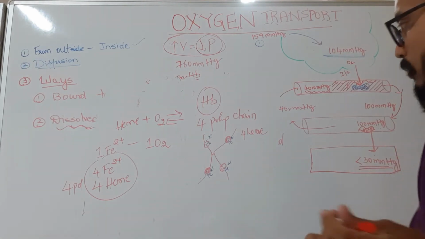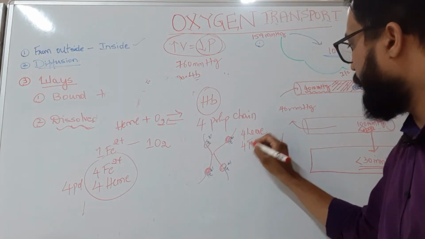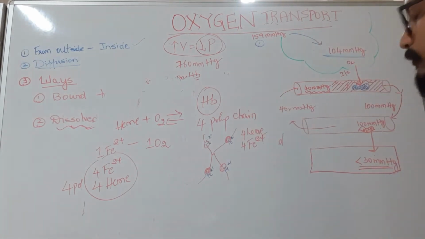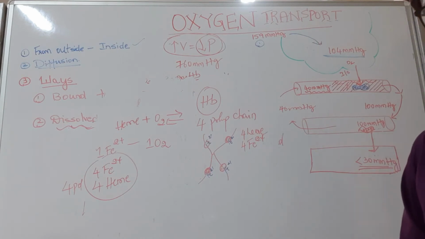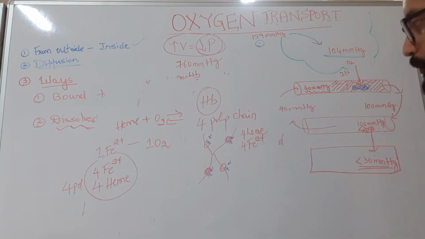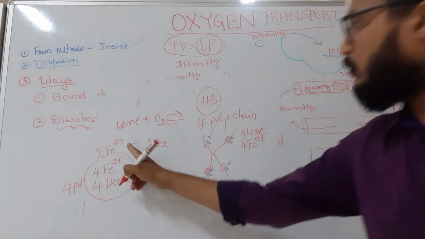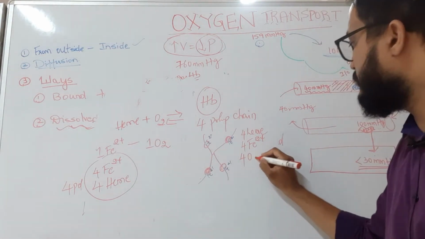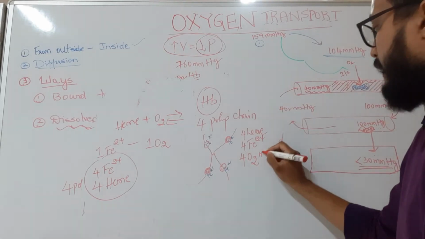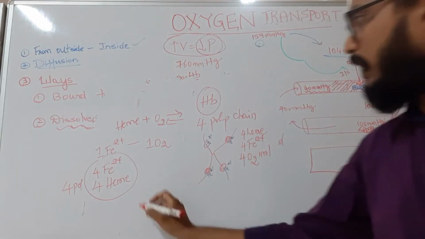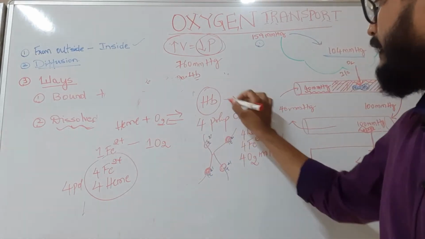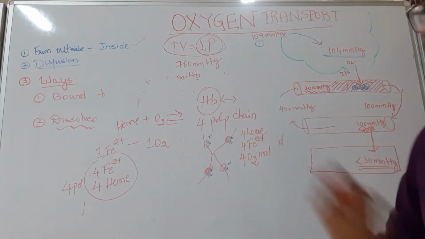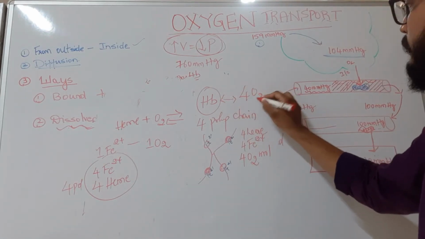So we do have 4 iron in the ferrous state. Each can attach to 1, so therefore 4 oxygen molecules can be attached. So one molecule of hemoglobin can carry 4 oxygen molecules.